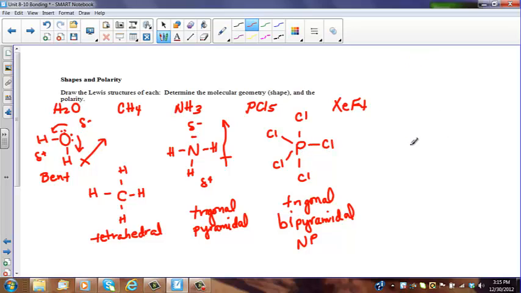And the last one, XeF4. Xe has 8, and each fluorine has 7. So if you've got fluorine that's got 7, and you've got Xe giving 1 to each of those, so Xe is going to give up 4 of its valence.